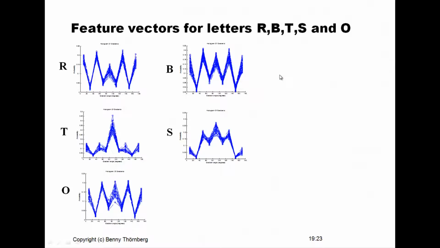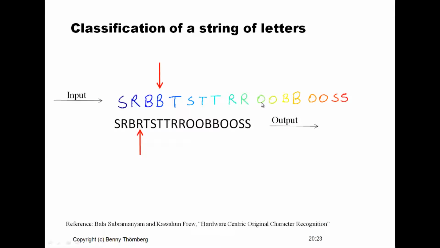Let me remind you about the picture I showed previously of the diagrams for the edge histogram descriptor for the handwritten letters R, B, T, S and O. You see here, for instance, that the R and B look pretty much similar. So I prepared, in a similar way, a test data input by writing these letters by hand and scanning them in a scanner, and running them through the same system as was used for training.